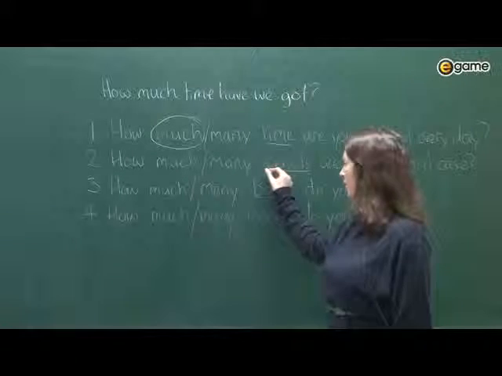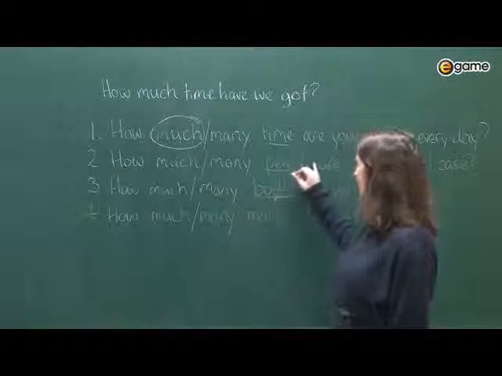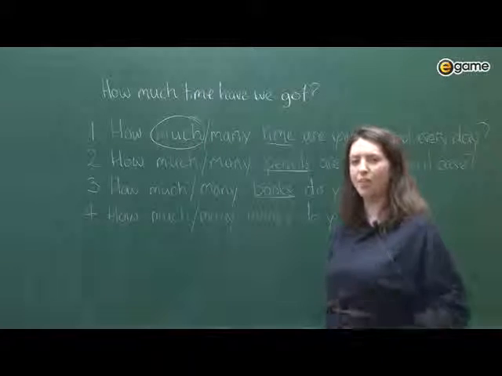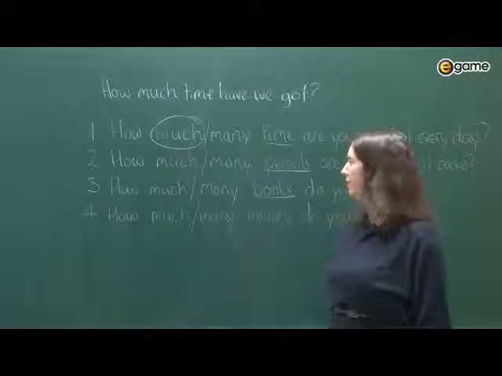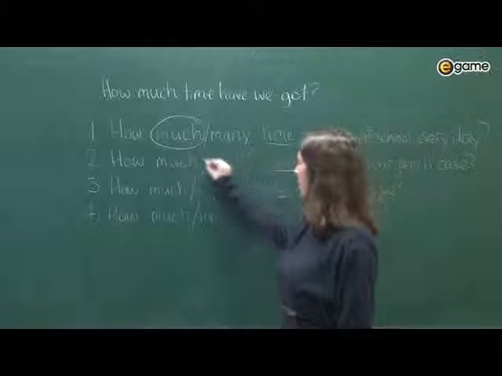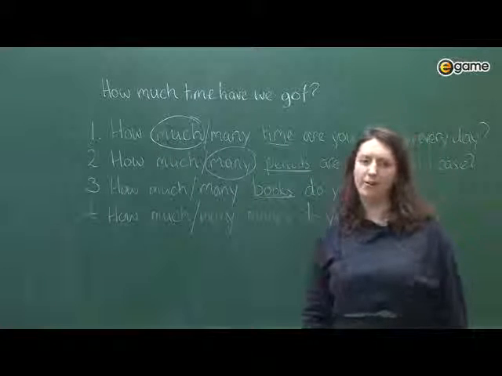Number 2. Pencils. So you can see that it's been pluralized with an S. Pencils are individual things. We can count them. Countable. For countable nouns, we use many. How many pencils are in your pencil case?